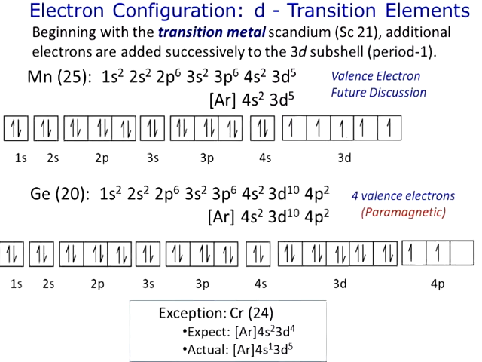Now, as with the p, once we draw one d, we must draw out all 5, even if they are empty. So that would be for manganese, as shown here. We will talk about valence electrons for transition elements in future discussions.